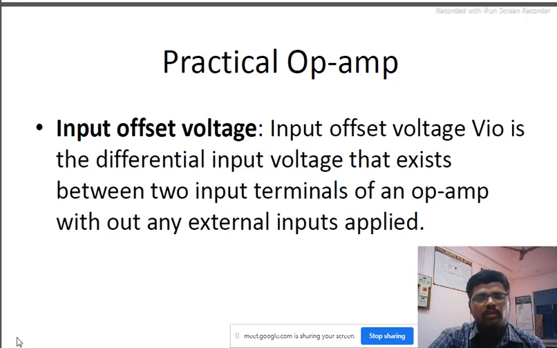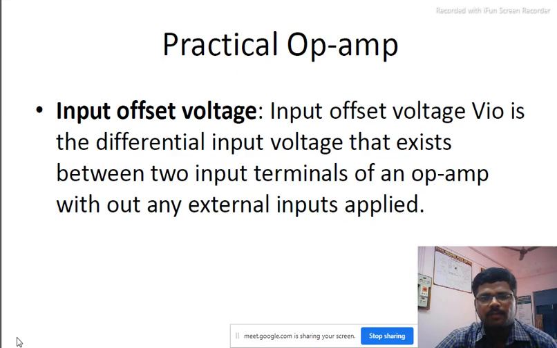What about input offset voltage? Input offset voltage, called VIO, is the differential input voltage that exhibits between the two input terminals, the inverting terminal and the non-inverting terminal of an op amp, without any external inputs applied.